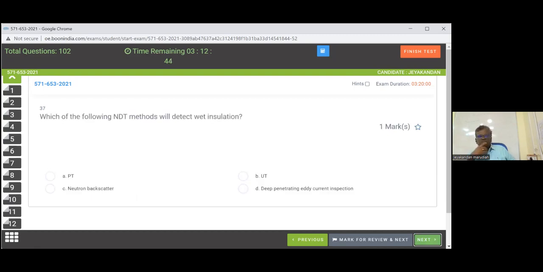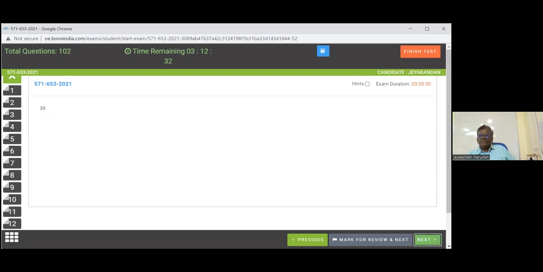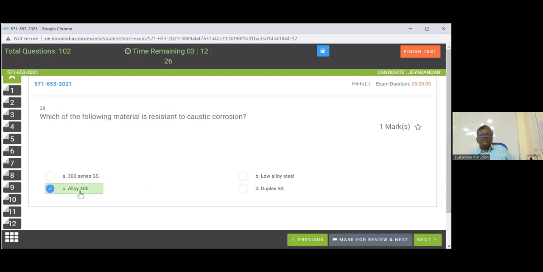Next, the following NDT method will detect CUI: neutron backscatter and infrared thermography. Here there is only neutron, this is to measure thickness through insulation. Then the following material is resistant to caustic: alloy 400. Alloy 400 is a nickel based alloy.